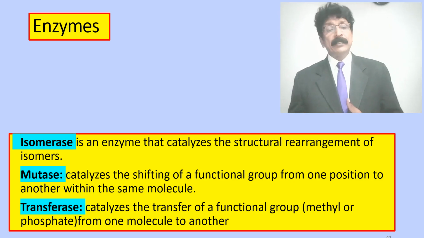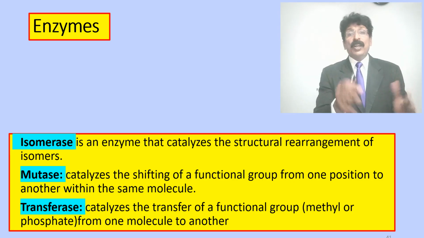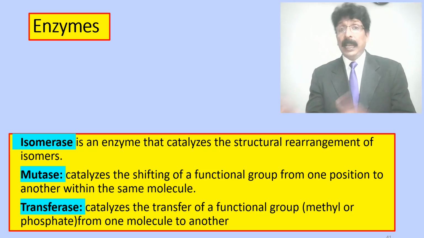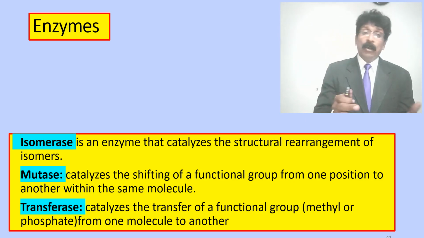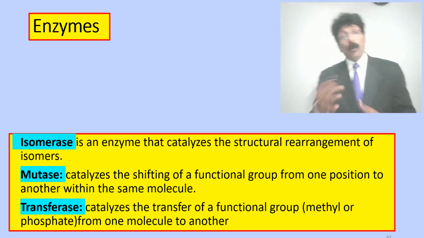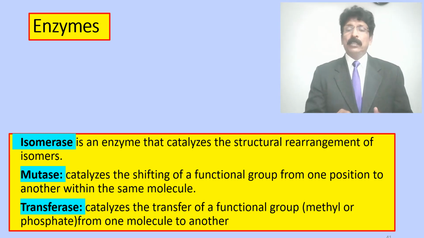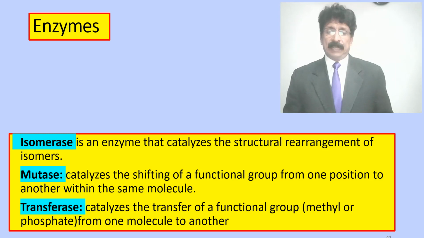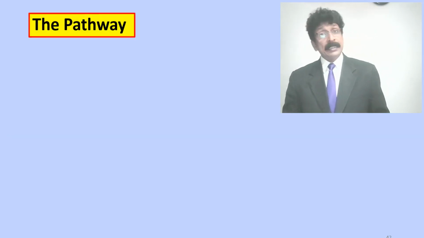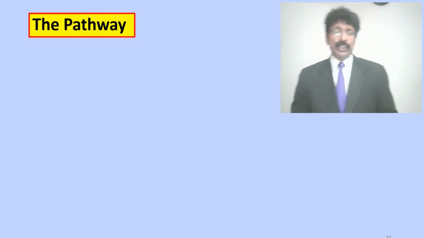Transferase catalyzes the transfer of a functional group like methyl or phosphate from one molecule to another. So this is what you should remember about these enzymes. We will come across these other enzymes also in this pathway.